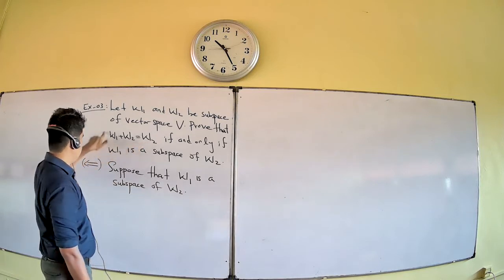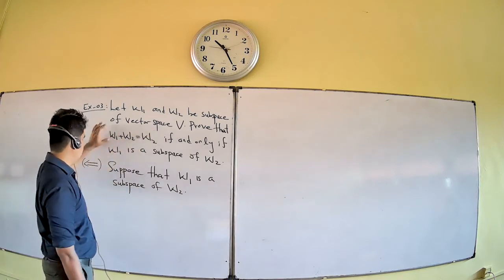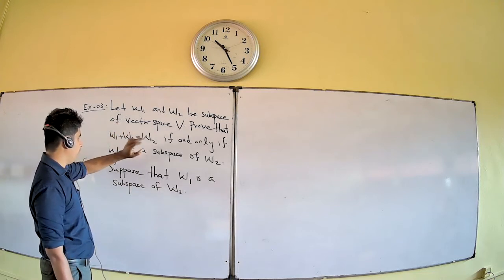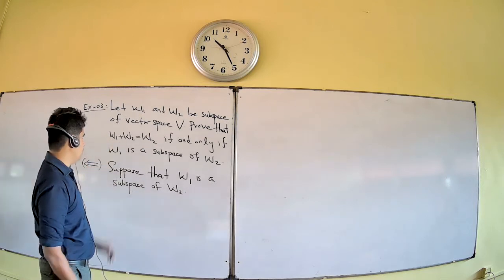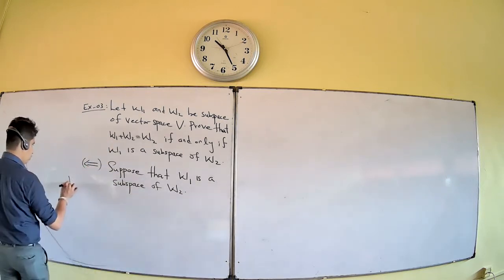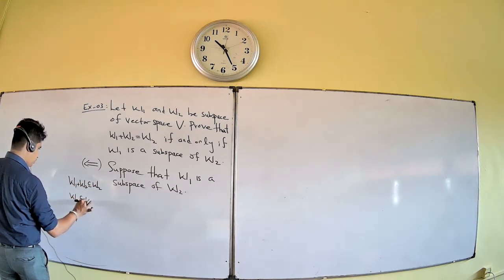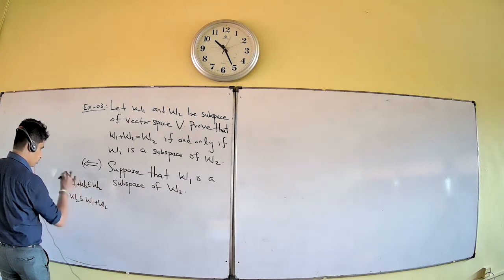So you want to prove two things: W1 plus W2 is a subset of W2, and W2 is a subset of W1 plus W2. These two things you want to prove.